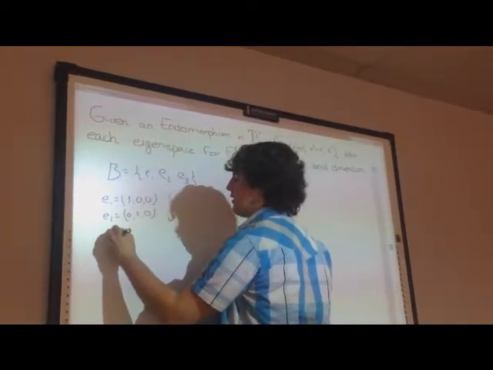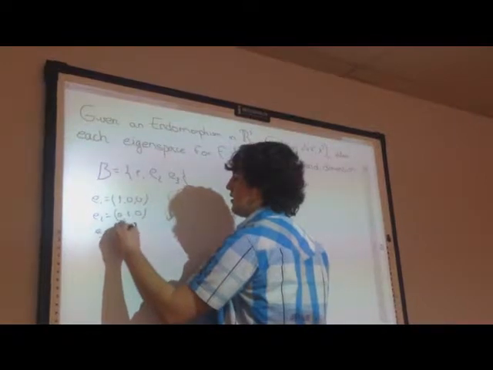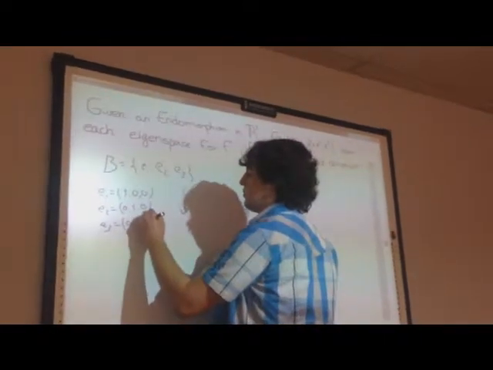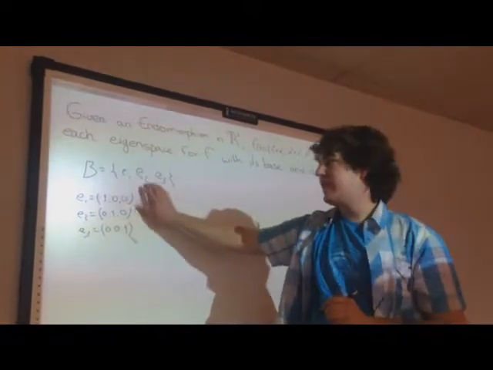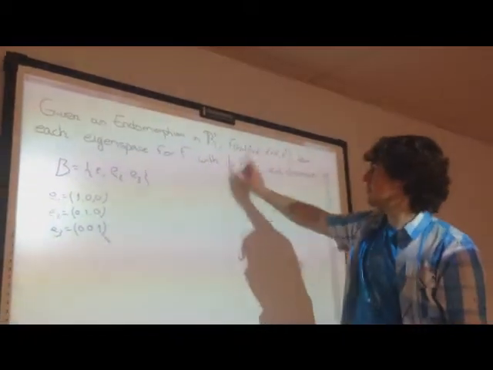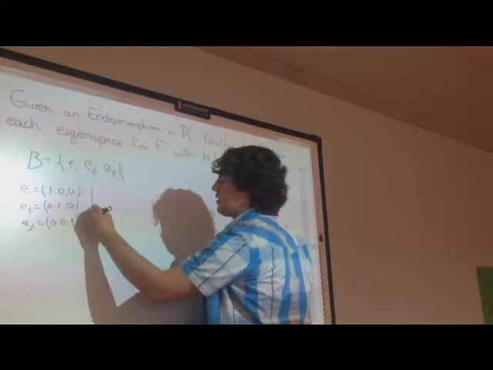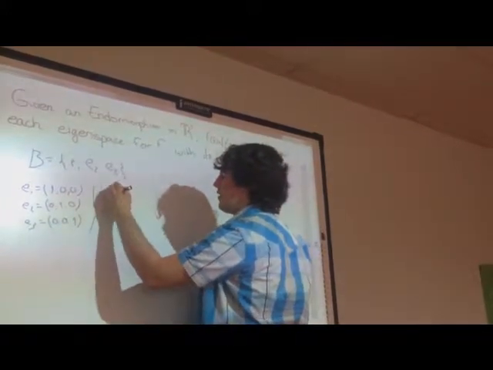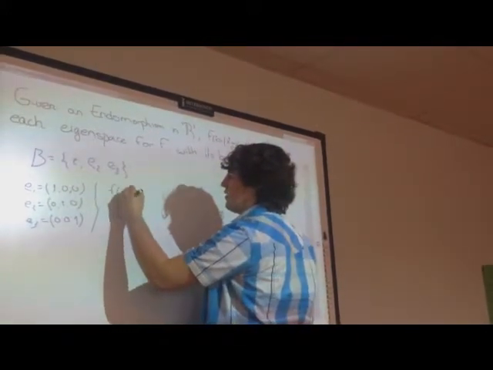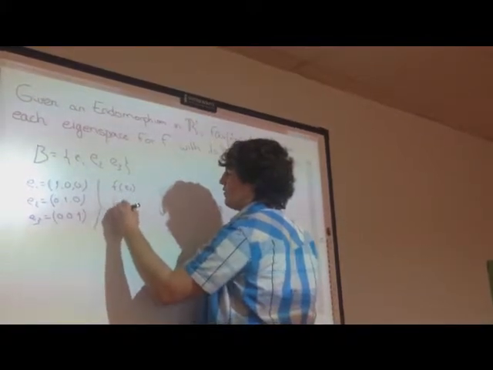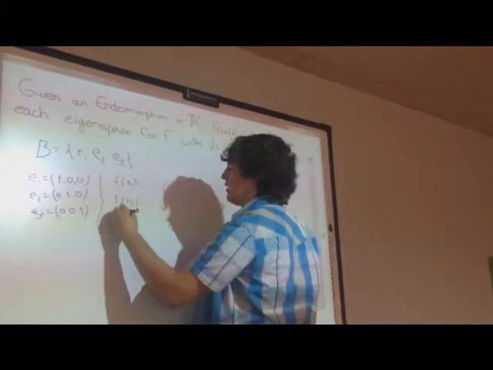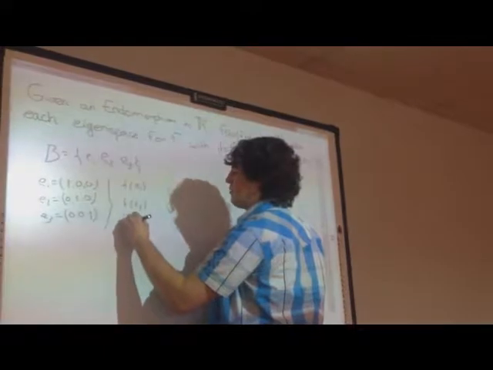And E3 is 0, 0, 1. So we got this base, and now we need to apply F to it. So we've got F of E1, F of E2, and F of E3.